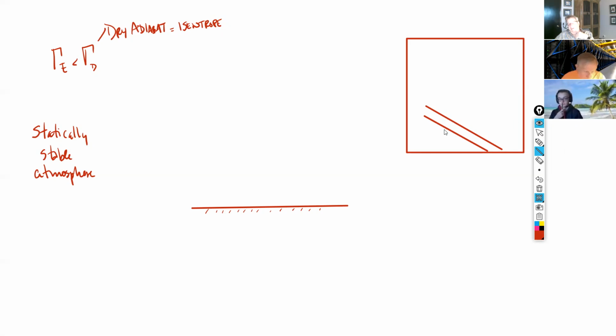What's the value of this isentrope versus that one? Getting larger. Okay, so that's a statically stable atmosphere. Theta increases with height.